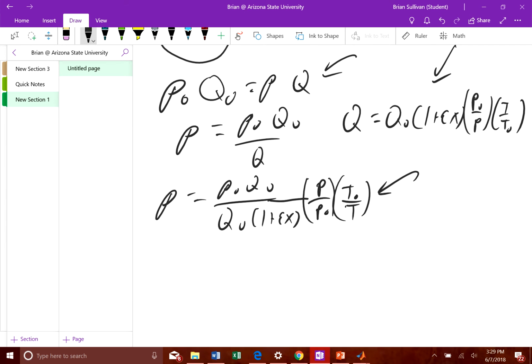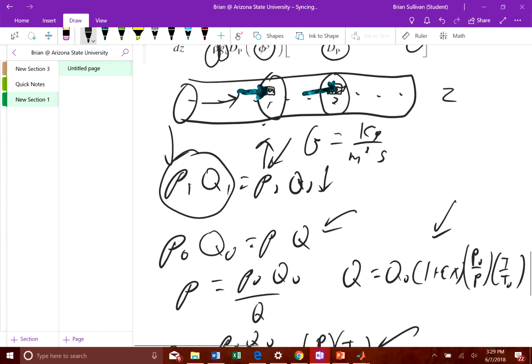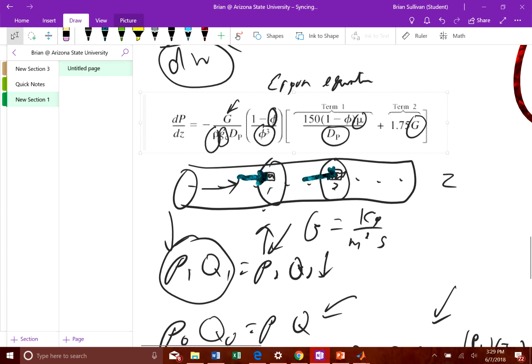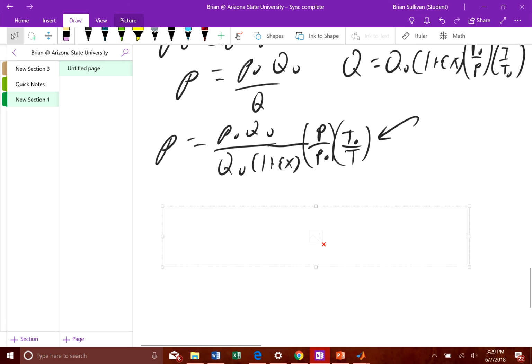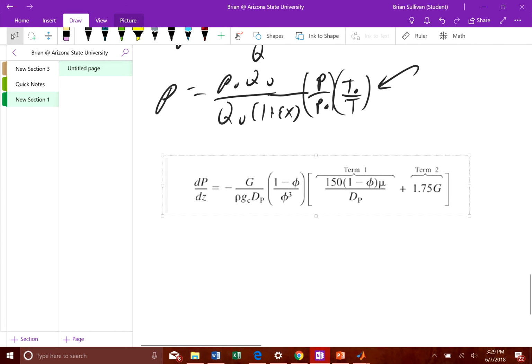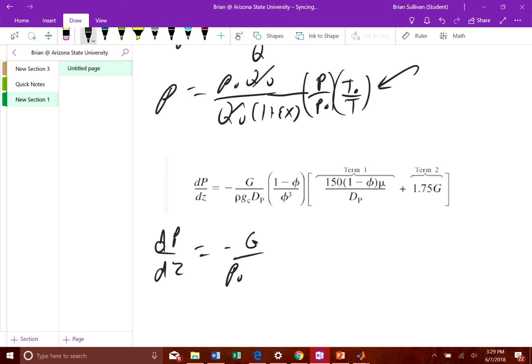So we plug this into the Ergun equation, right? So I'm going to copy this. Let's copy that and bring it down. It's a really long equation, very hard to remember. Okay, so basically you got dP/dz is equal to negative g rho, not rho, but we're going to plug everything in. So I'm going to plug in rho naughts. The Q naughts will cancel. I'm not going to put the 1 plus ex, at least in this first part.